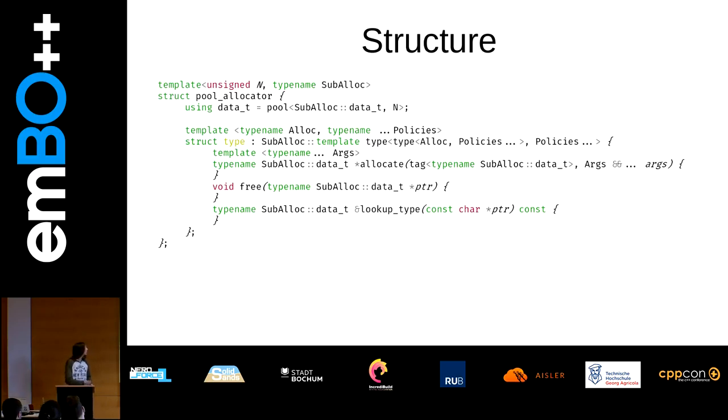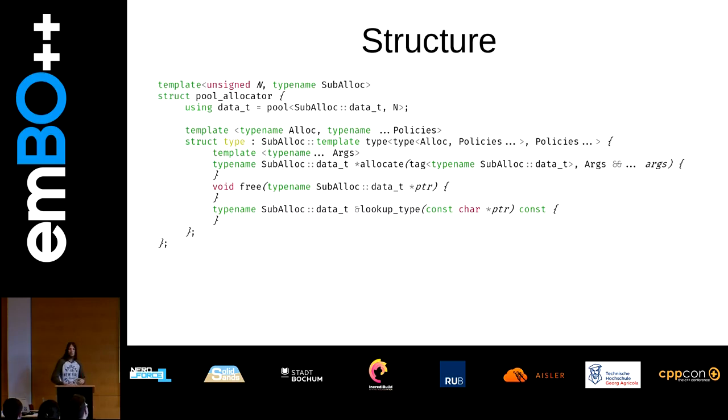First of all, this is the basic structure for the code. This may look a little confusing. In this case, it's an example for the pool allocator. The basic reason for the code looking like this is that you need to be able to create this tree structure of different allocators.